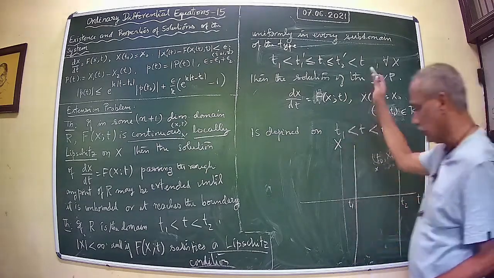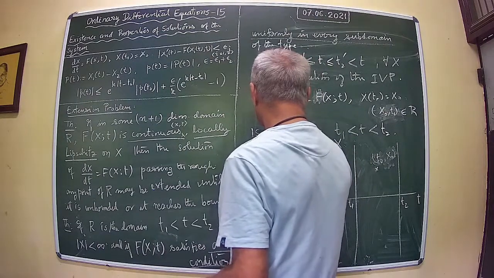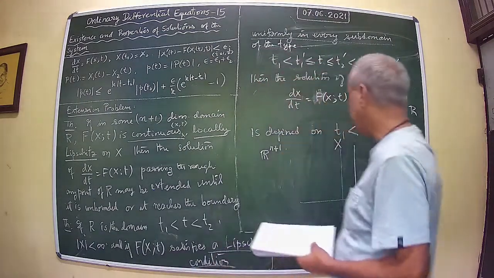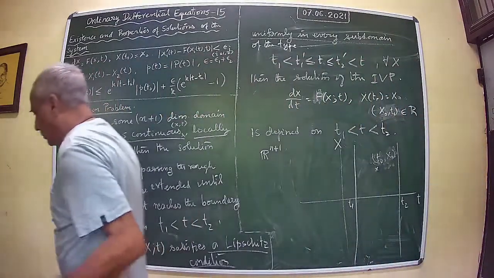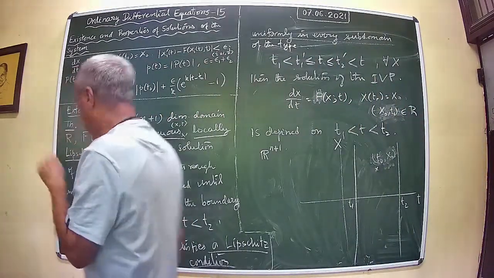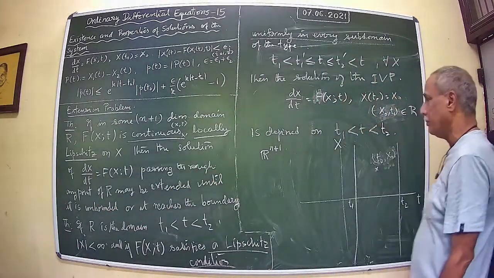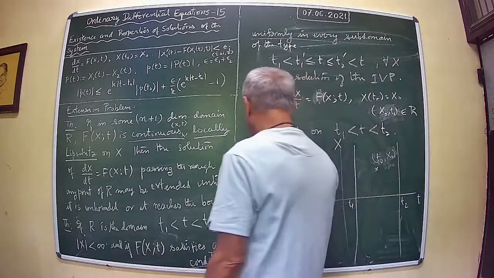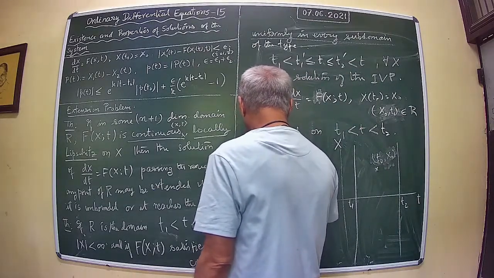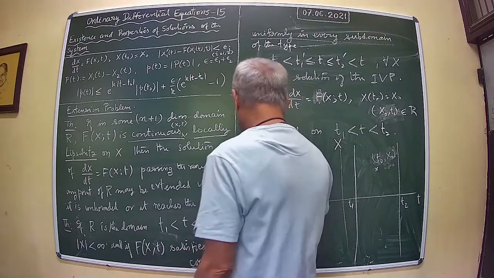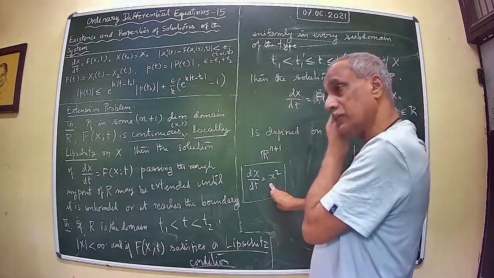So if in the whole R^(n+1) the function is Lipschitz with respect to x uniformly, then you have the solution defined on the entire interval minus t to t. Now you can see this example, dx/dt equal to x square. You see that this is not uniformly Lipschitz, because F(x,t) is actually x square.